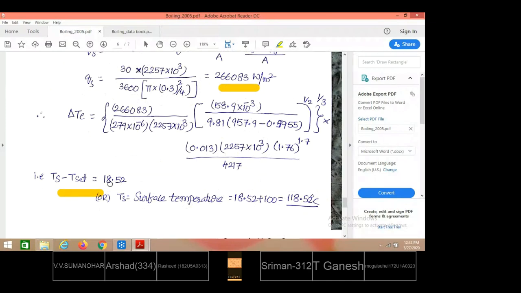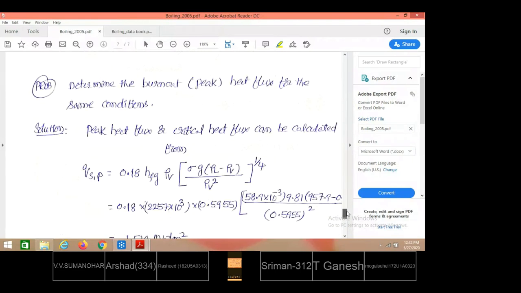That is Ts minus T saturation, and T saturation I already know as 100. So the solid surface temperature is 18.52 plus 100, that is 118.52 degrees centigrade. This is how the solid surface temperature is fixed when nucleate boiling takes place over the heating surface. This is the first problem we have discussed.